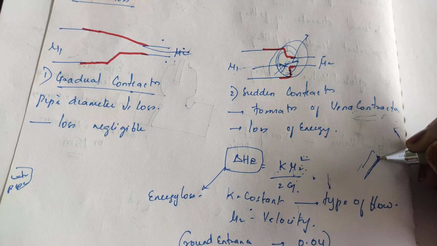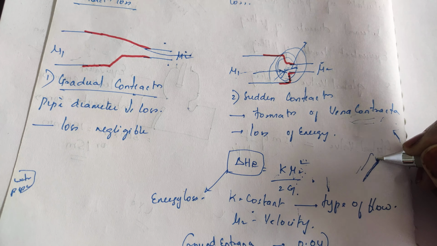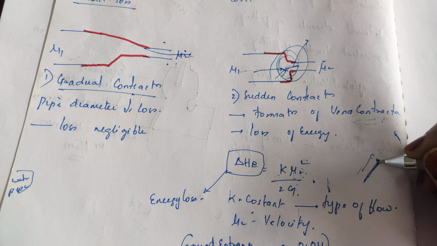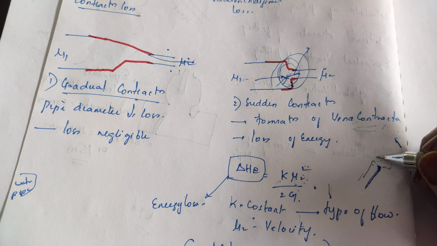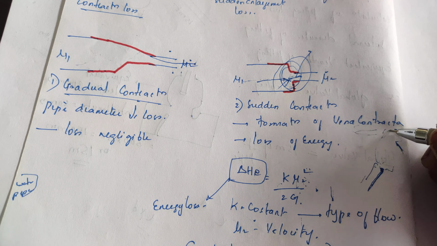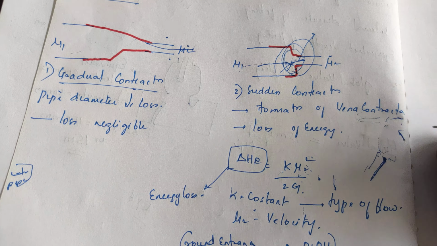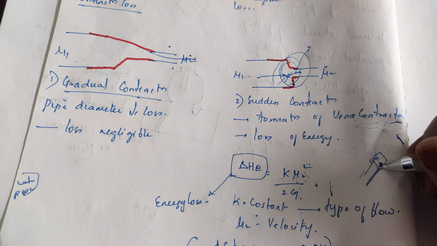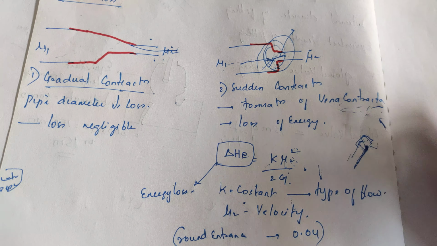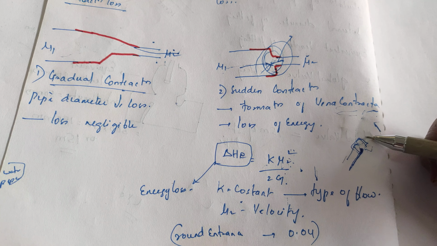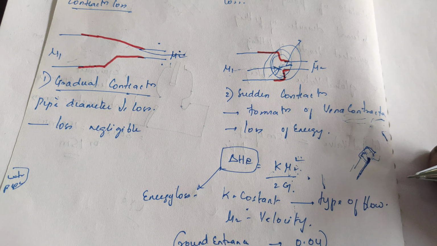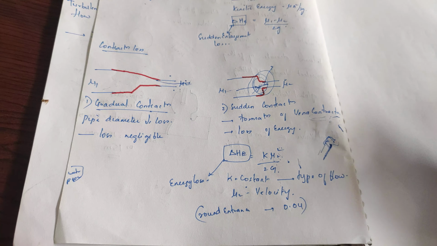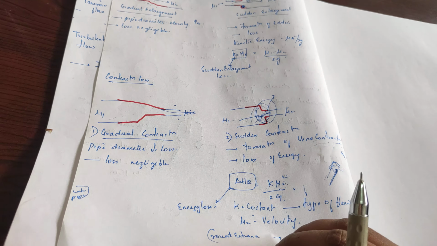That means there will be a sudden contraction here: the diameter of the pipe is this much, and by keeping the finger the diameter reduces. Because the diameter reduces, the velocity increases and the pressure increases, but there will be some loss of water here. This is due to sudden contraction and formation of vena contracta. This contraction is called vena contracta. This is about the enlargement losses and contraction losses.